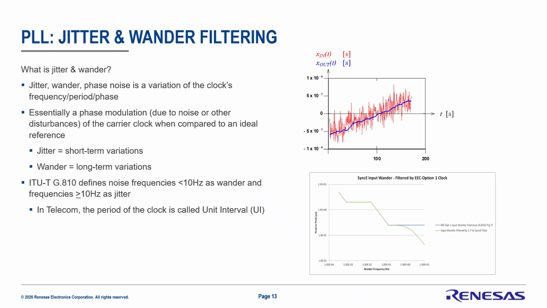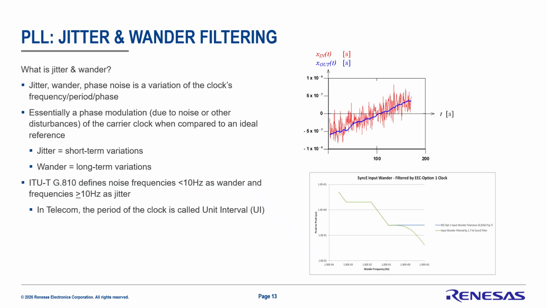A lot of standards bodies will define what sort of tolerance a phase lock loop or a synchronous node must have when looking at noise. As shown here, the blue would be your tolerance mask to say you must tolerate that level of noise coming into the input reference, and the green represents the response of the PLL.